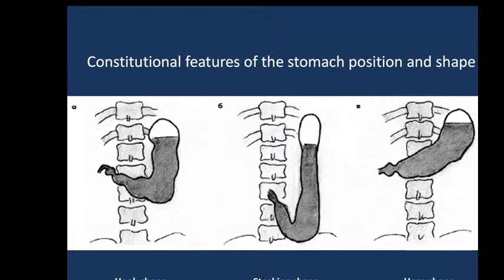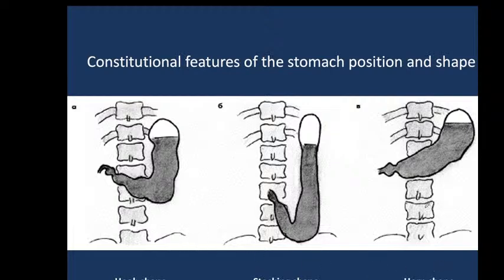The shape of organs sometimes depends on the constitutional features, or habitus. We call this by the Greek name habitus. It means the constitution or organization of our body. Usually we talk about three types of constitution: normosthenics here, asthenics here, and hypersthenics.